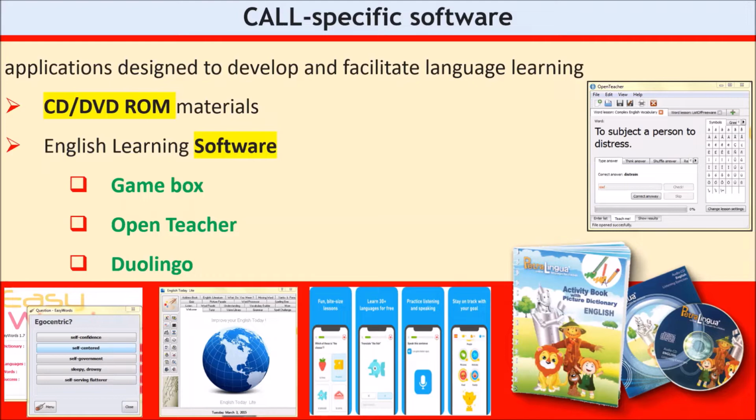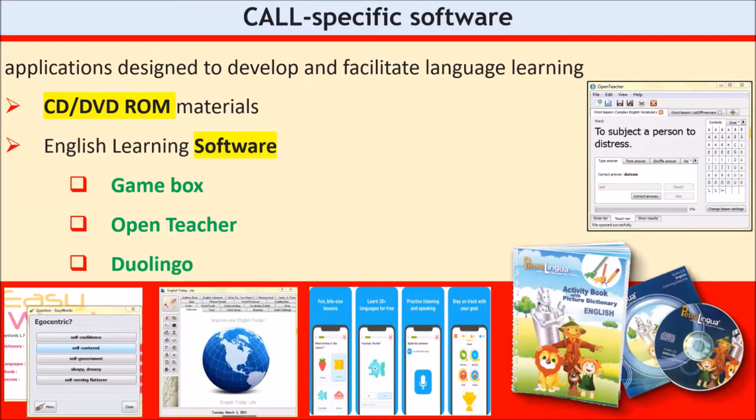Some of the software needs the internet and you can play online, but mostly the software refers to offline programs. If you are not connected to the internet, even in that case you can play with the programs.